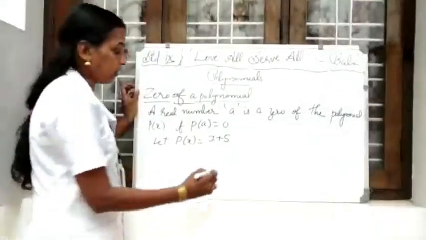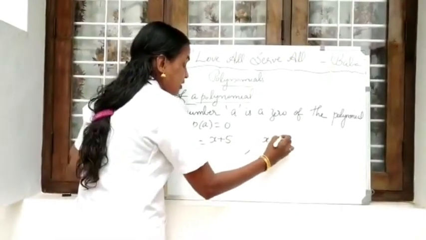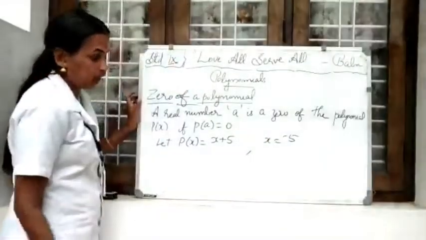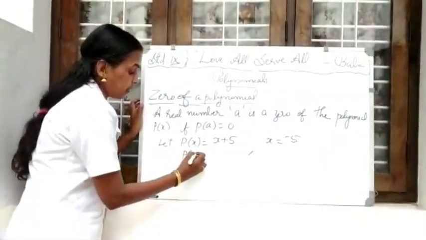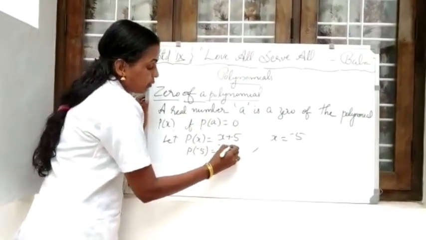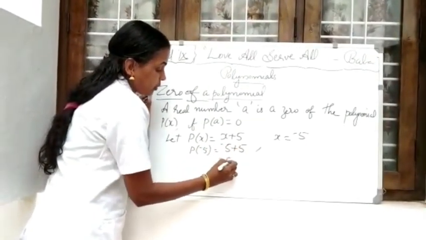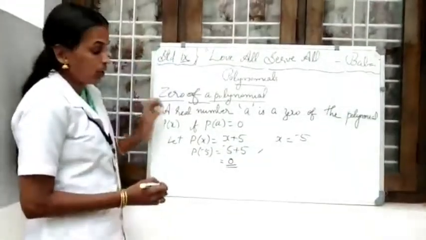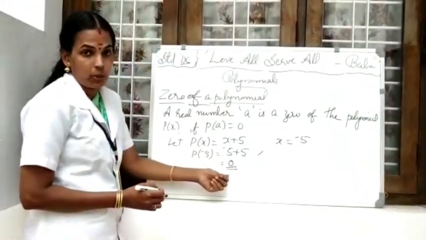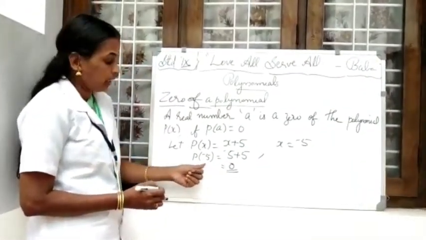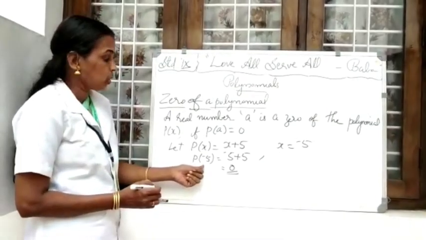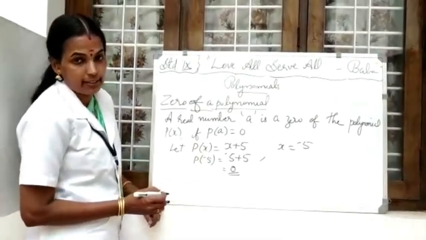We have to find the value of p of x at x equal to negative 5. So p of negative 5 equal to negative 5 plus 5, which is equal to 0. Now we got p of negative 5 as 0. So we can call negative 5 as the 0 of p of x.